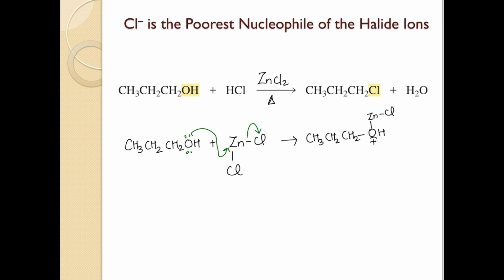And this oxygen is going to have a positive charge, and this is going to be your leaving group. Now remember, we are talking about the SN2 reaction since this is a primary alcohol. The Cl minus will now do a backside attack on this carbon, and since this is a good leaving group, it's going to leave. Okay, and then you will have your final compound, which is your alkyl halide.